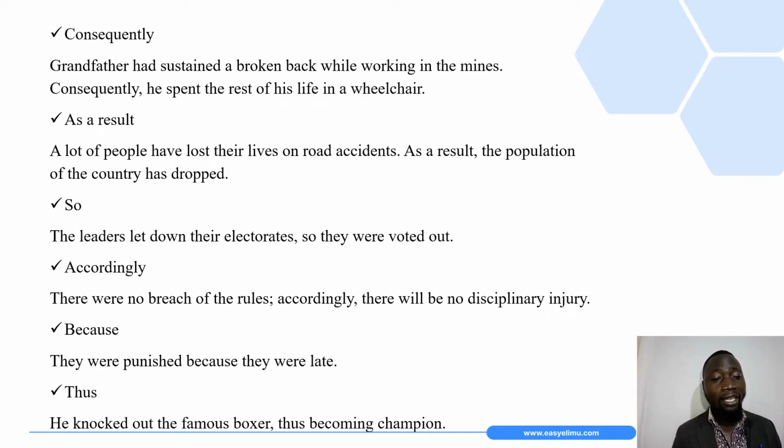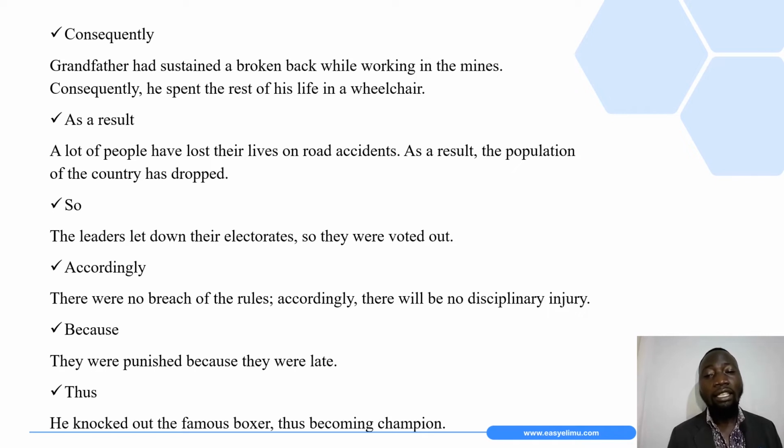Another example that we have is as a result. The sentence to illustrate that is: a lot of people have lost their lives in road accidents. As a result, the population of the country has dropped.